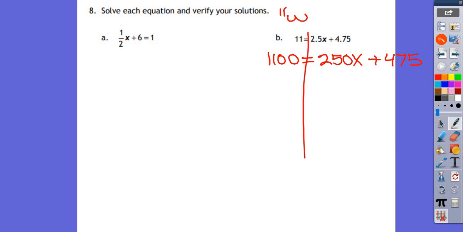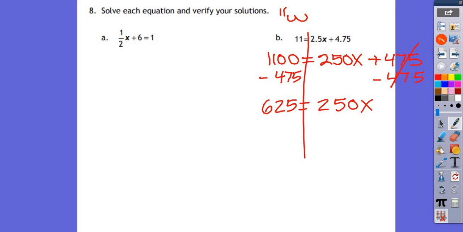Okay, so what would I need to do first here? You take the 475. Move it how? You make it a negative, or you subtract. Negative or subtract them. Cancels that out. This turns to 625 equals 250x.